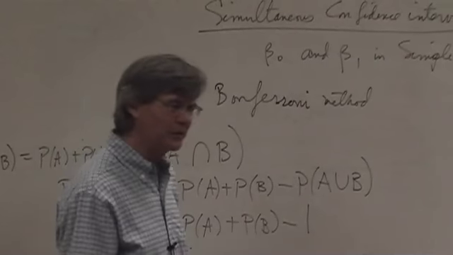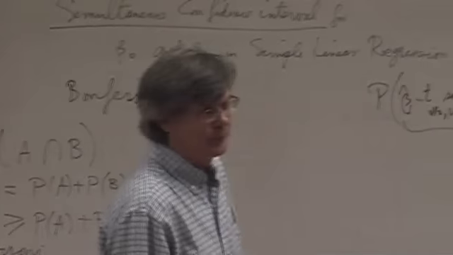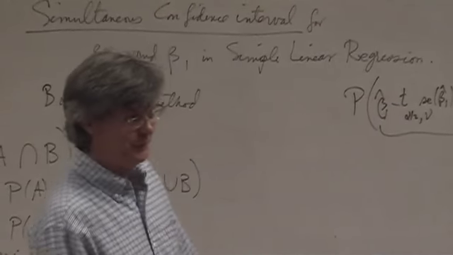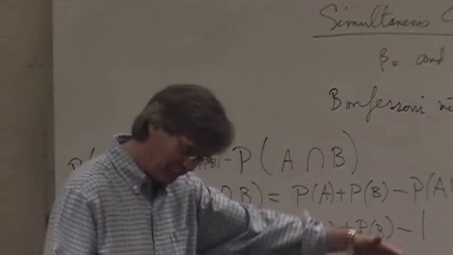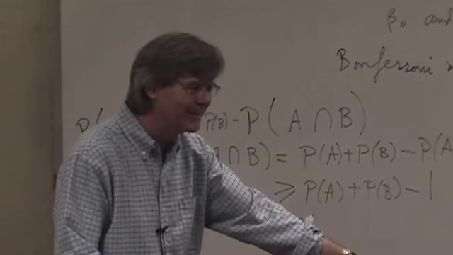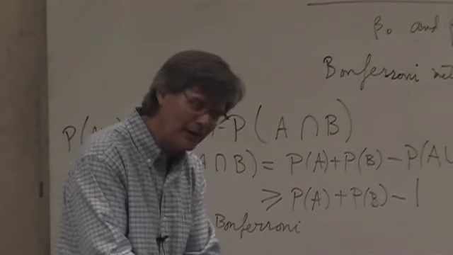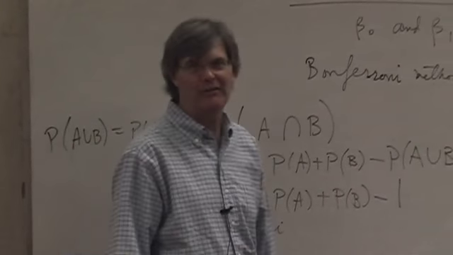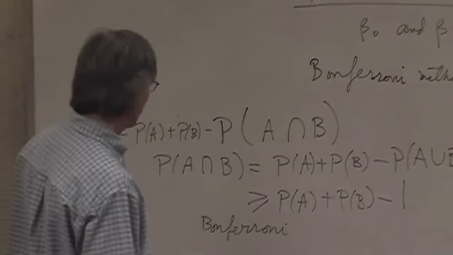A particular instance of the interval, one choice of the random interval, we don't know if it contains beta 1. We just call it a confidence interval, therefore, because we don't know if it does or doesn't. It's one pick from the hat. You have a hat full of intervals. 100 times 1 minus alpha percent of them contain the beta 1, and I pick one interval at random from that hat. I call that the confidence interval. Okay, everybody with me now?